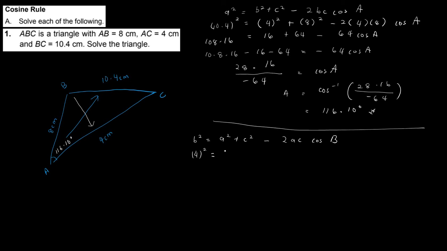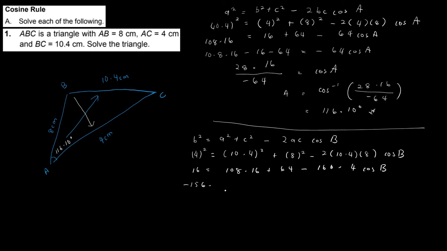Equals A, 10.4 square plus C, 8 square. And B will equal cos inverse of 156.16 over 166.4.